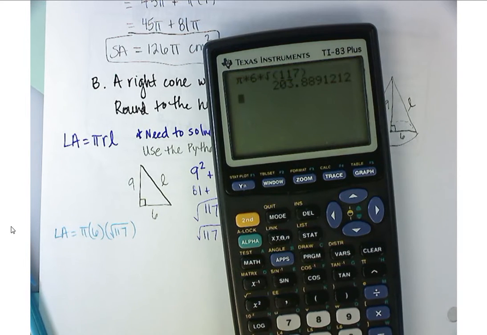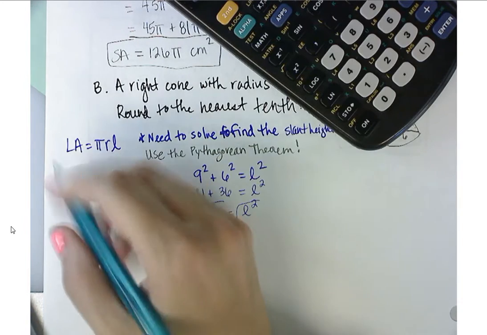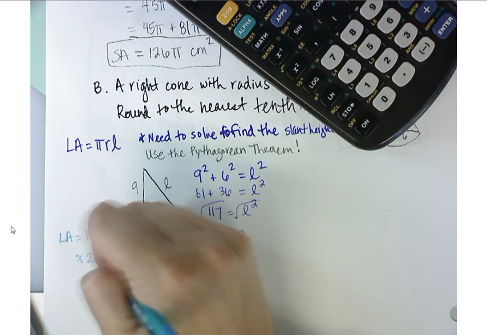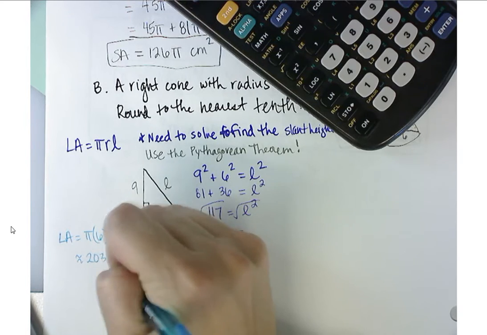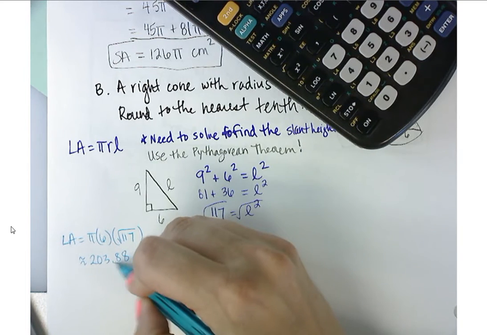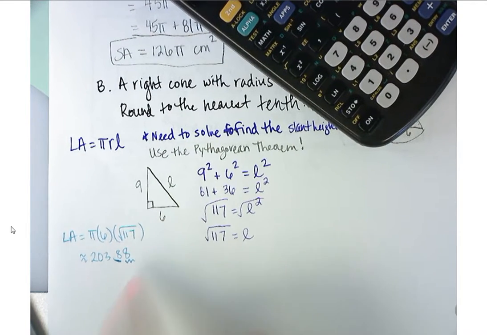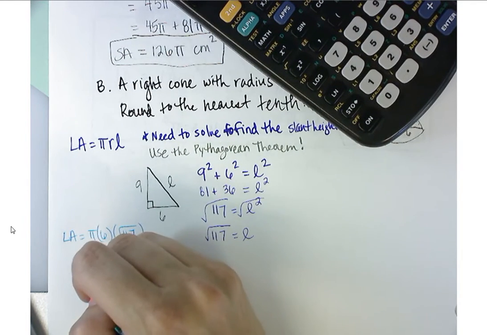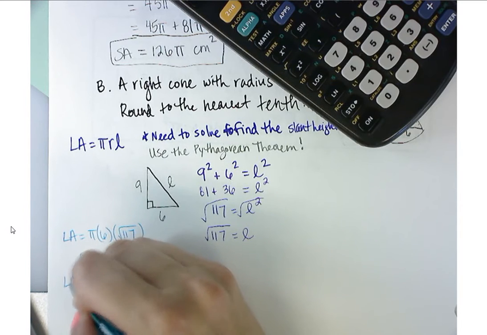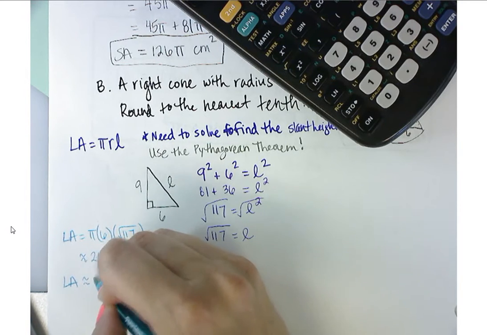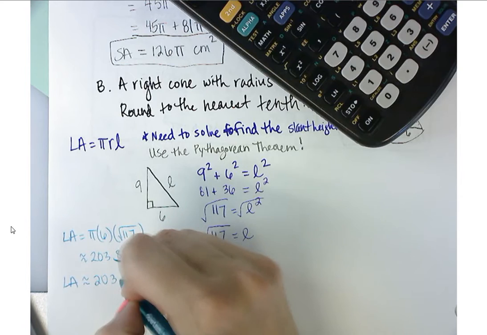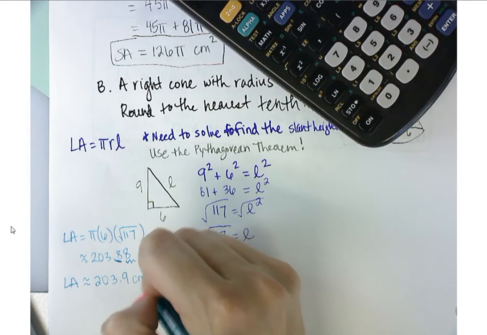And what I got was 203.88. If I'm rounding to the tenths place, all I have to look at is the number behind it, and that tells me that I'm going to round up. So the lateral area is approximately 203.9 centimeters squared.